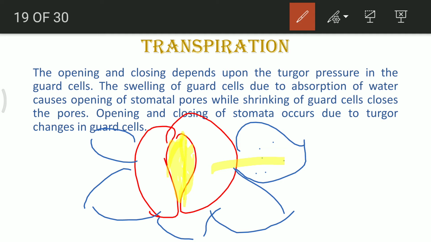But as soon as the sunlight starts falling on the guard cells, photosynthesis begins, and water is withdrawn from the epidermal cells into the guard cells, and the stomatal pore tends to open.